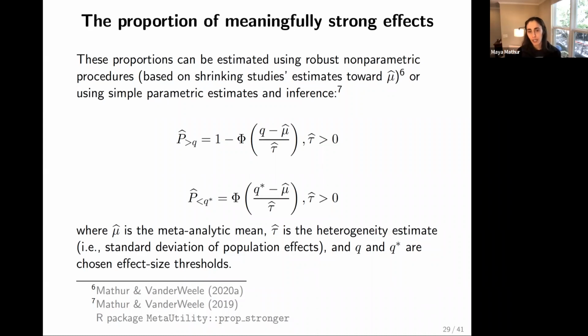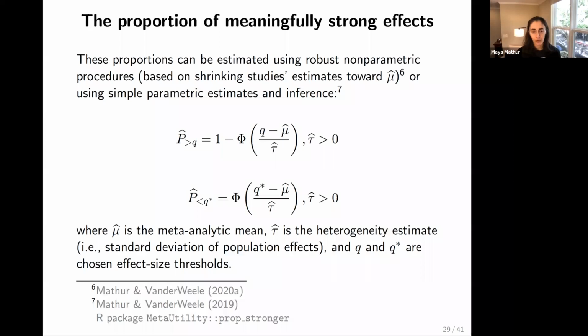Or we can use simple parametric estimates and inference, which I'm showing here because they're more clear to look at. The parametric version is very straightforward. It's basically just saying, well, the estimated proportion of effects that are stronger than Q, if we assume that the population effects are normal, is essentially just the appropriate tail of a normal distribution whose mean is the mu hat from our meta-analysis and whose heterogeneity is tau hat, the estimated standard deviation of population effects.